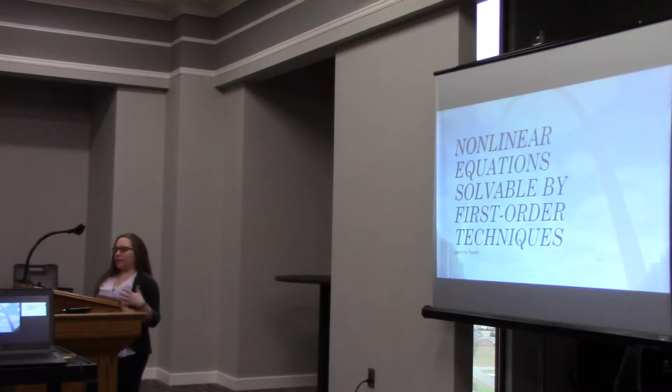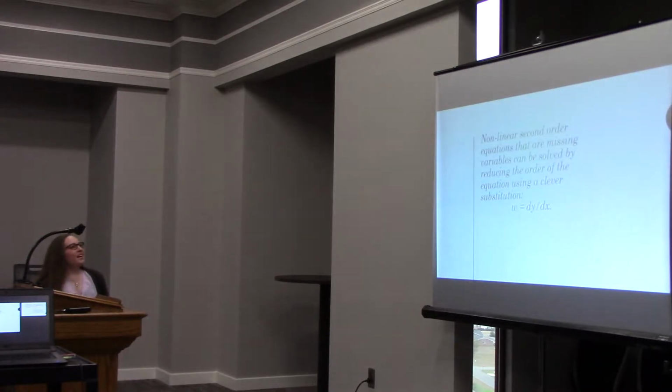We developed some pretty clever methods of solving these so that we can use first order techniques, which, if you're familiar with solving equations, is a lot easier than any of the other ones. So we use this substitution where we let w equal the first derivative of y with respect to x.